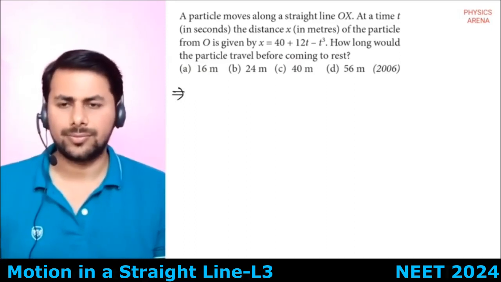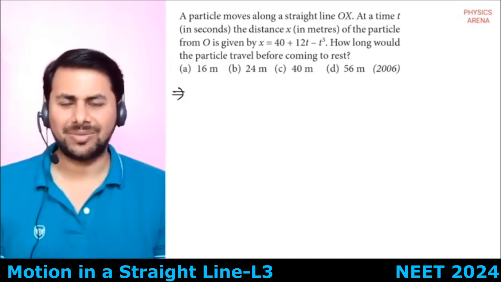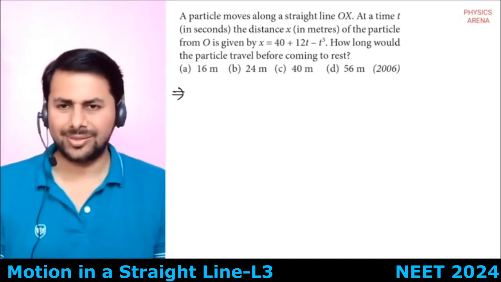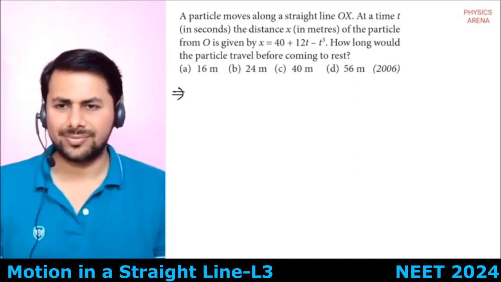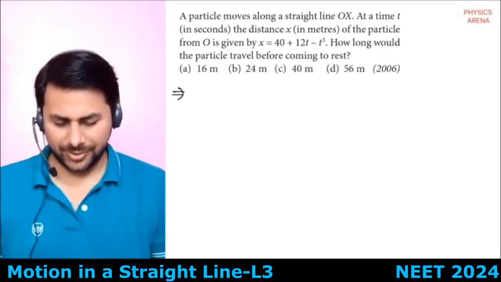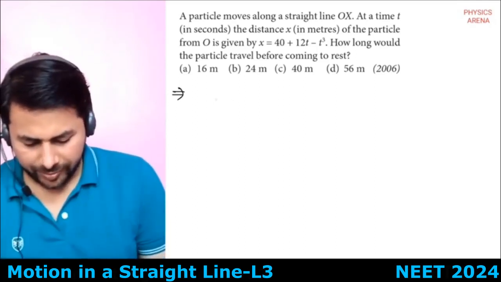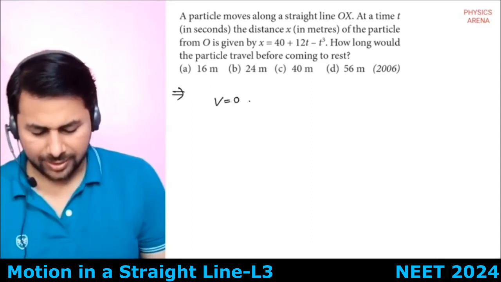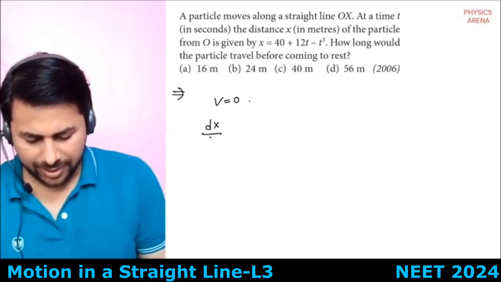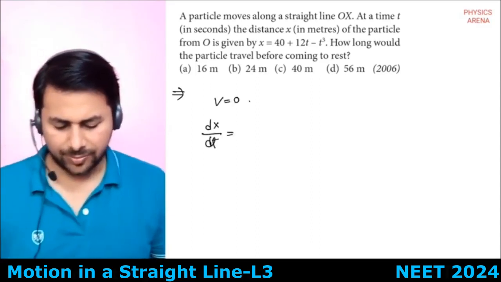So particle is coming to rest, that means what is 0? Velocity, sir. Velocity is 0, right? So we have v equals 0 at some time, that is dx by dt is equal to 0.